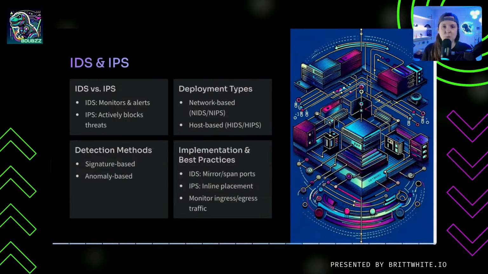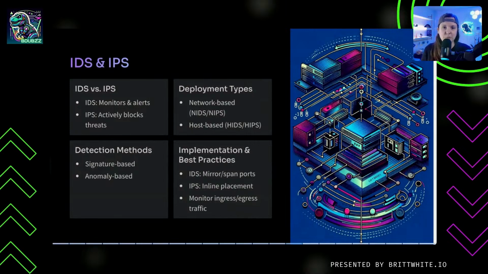When it comes to the deployment of these systems, you'll find them in 2 main forms. First, we have network-based systems, known as NIDS or NIPS. They watch over entire network segments, monitoring all traffic that flows through. Then host-based systems, known as HIDS or HIPS, focus on protecting individual devices, keeping an eye on system, files, and processes.